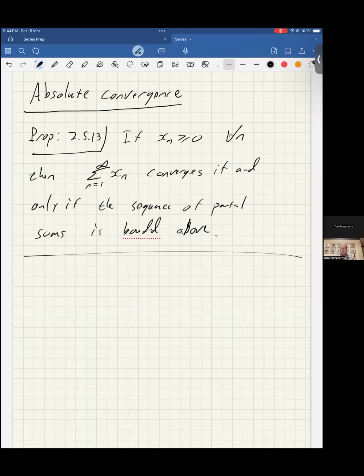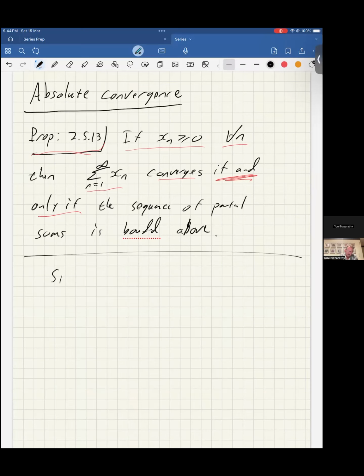Okay, let's continue, and we'll continue with a concept called absolute convergence. So here I've just stated proposition 2.5.13, and it reads as follows. If xn is non-negative for all n, then the series converges if and only if the sequence of partial sums is bounded above. The argument is very simple.